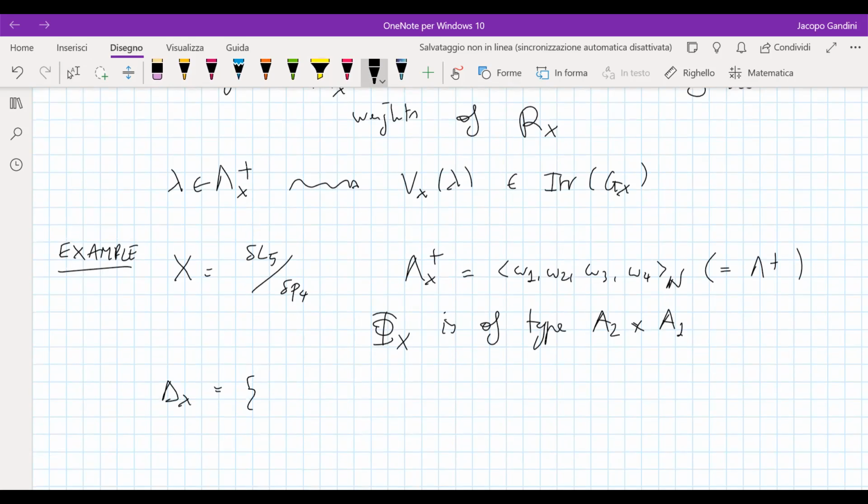It is equal to sigma 1, sigma 2, sigma prime, where sigma 1 is alpha 1 plus alpha 2, sigma 2 is equal to alpha 3 plus alpha 4, and sigma prime is equal to alpha 2 plus alpha 3. So if you look at the pairings, sigma prime is orthogonal both to sigma 1 and sigma 2. So these will form an A2, and this is going to be A1.